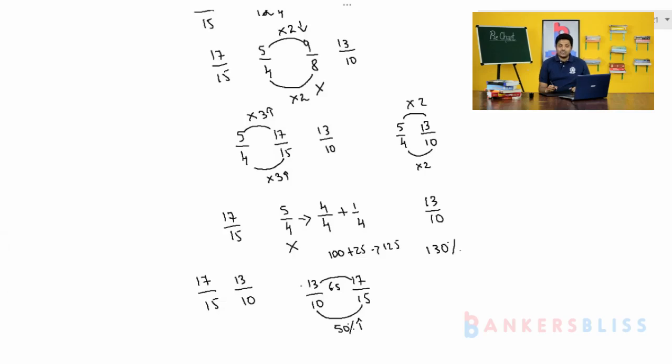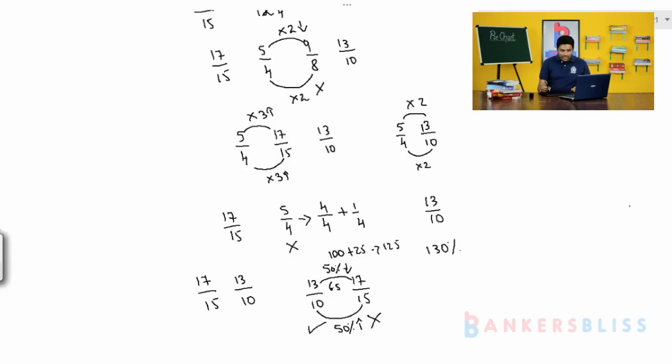So the numerator increasing rate is less than 50%, but the denominator is exactly 50%. So, the numerator increasing rate is less than the denominator increasing rate, therefore, the resultant fraction value is less than the previous one. Therefore, 17 by 15 cannot be considered, and 13 by 10 is the greater one.